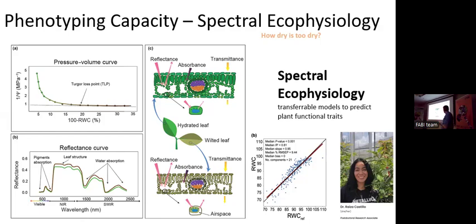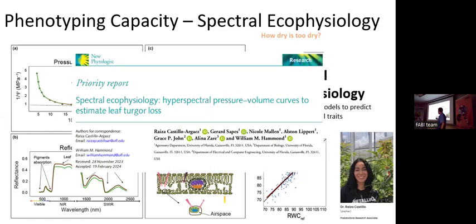Dr. Castillo, one of the postdocs in my lab, has built independent models for predicting relative water content and water potential that use different wavelengths. Now we can basically dry out samples and estimate the turgor loss point without ever having to pick up the pressure chamber once we've calibrated a model well at the species level. We published this last year in New Phytologist, so you can check that out.